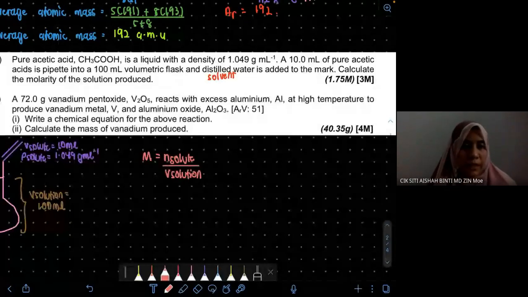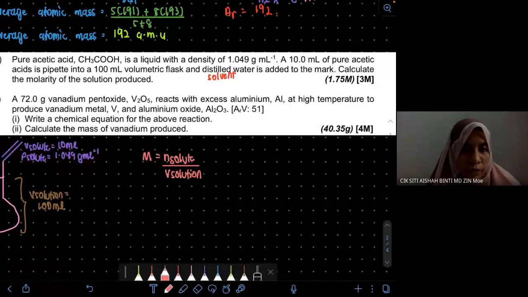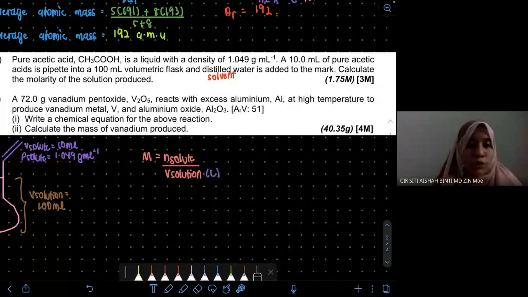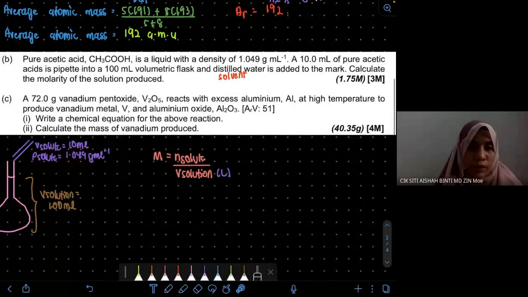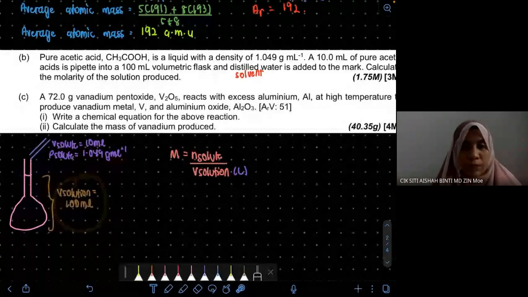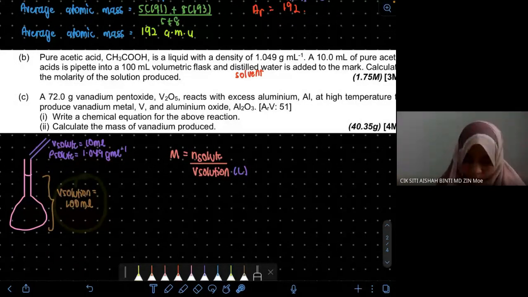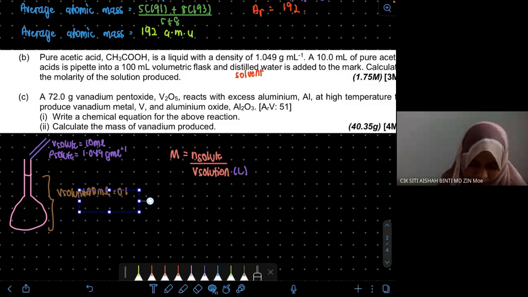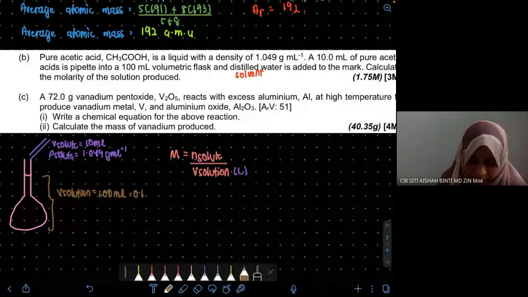So, dalam kes ni, volume solution must be in liter. Volume solution kita dah ada straightforward lah, which is 100 ml, which is equivalent to 0.1 liter.